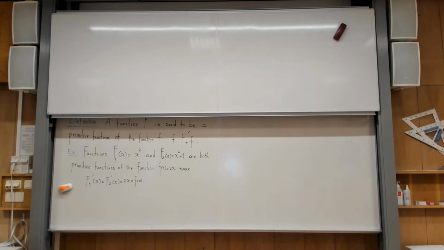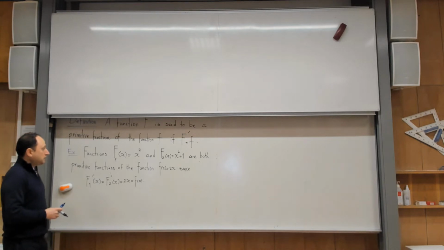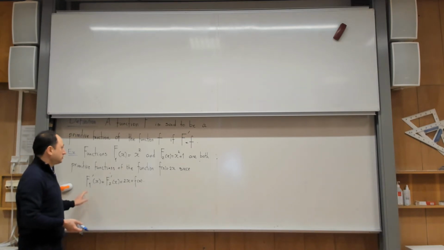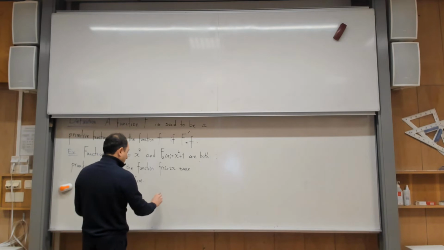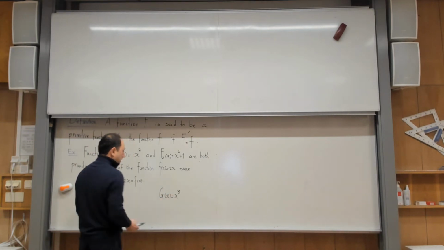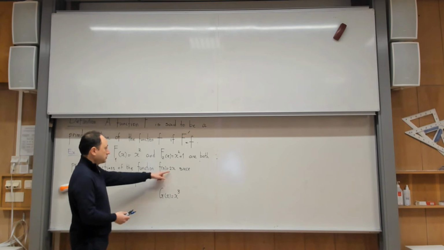Is that understandable? It means that if I give you a function and ask you to investigate whether it is a primitive function for another function, the task is simple. It's nothing except differentiation. For example, if I give you g of x equals x to the power of 3, is g of x a primitive function for this function?